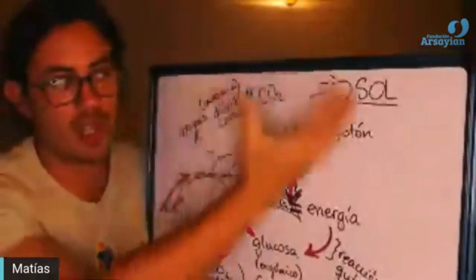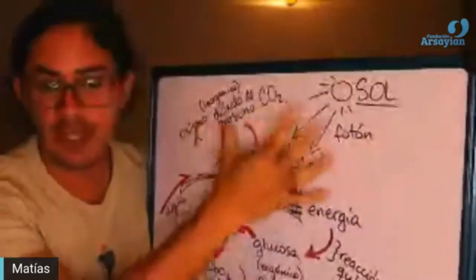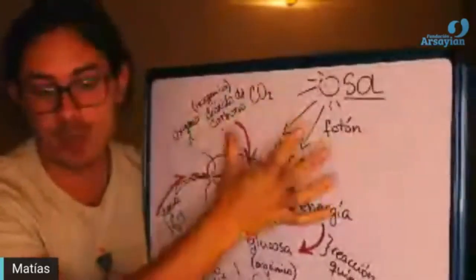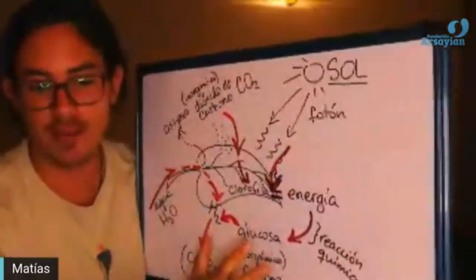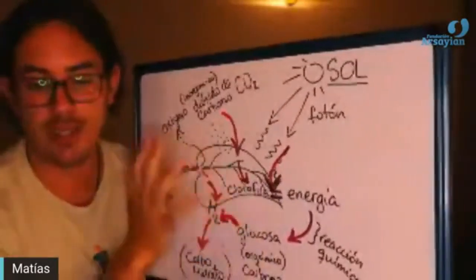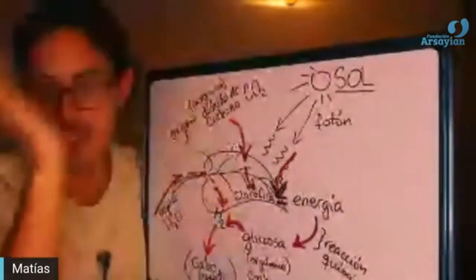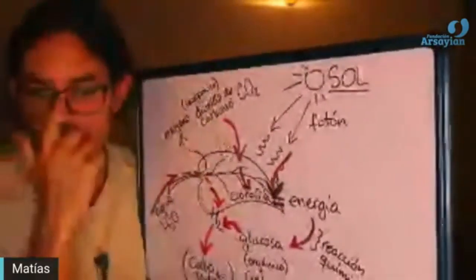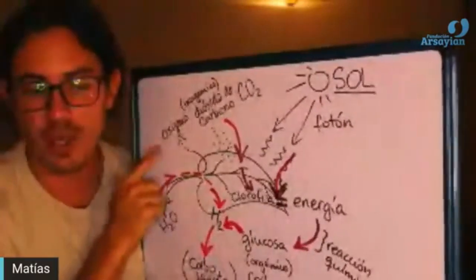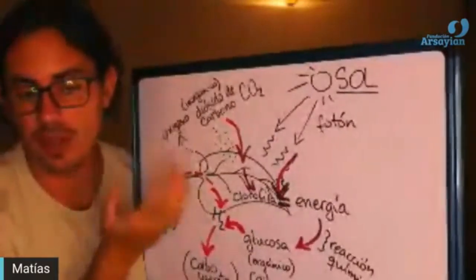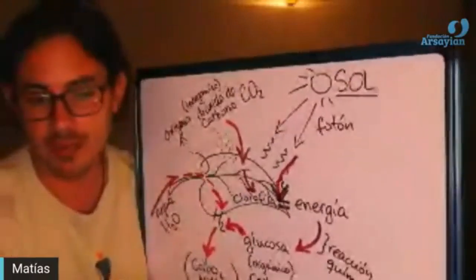It transforms everything that usually can kill us or do any harm to us and makes it into food for us. And also the things that the plant doesn't need, that says, I need this, I give it away. So is the oxygen. So the oxygen is the one that lets us breathe.